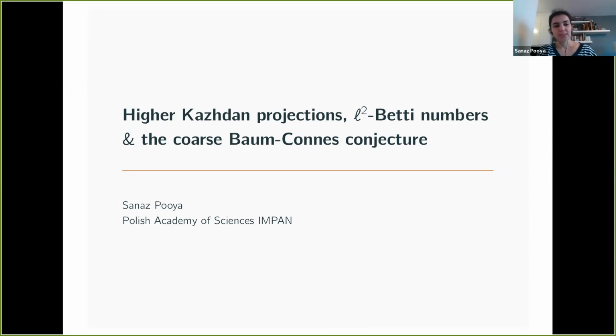So as my title suggests, I'm going to introduce a generalization of the notion of Kazhdan projections and apply them to the context of Coarse Baum-Connes conjecture. In this regard, the plan for my talk will be to start by recalling the definition of Kazhdan property T and some of its generalizations, and then move on to our notion or definition of higher Kazhdan projections, then apply them to a very natural setting, and then we see there how they connect to several conjectures.